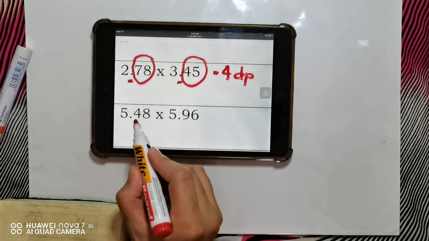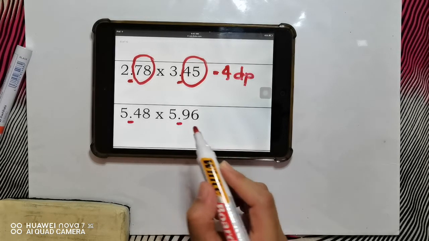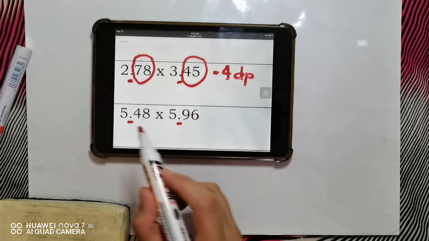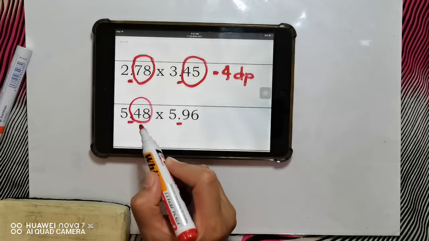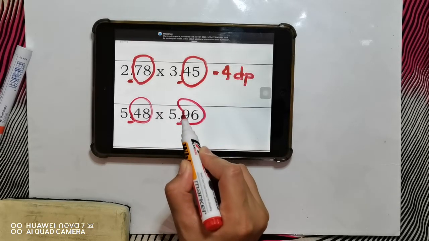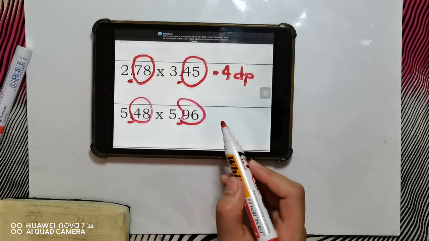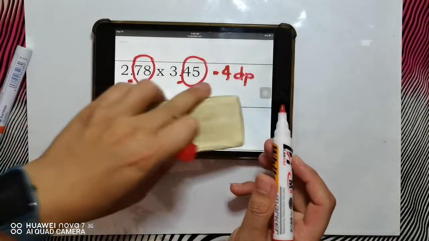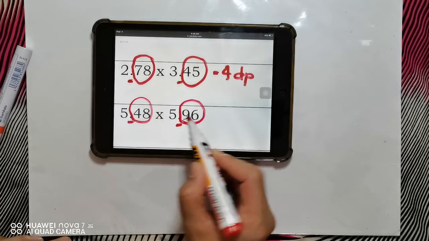Again here, decimal point, bilangin yung numbers. So we have here these numbers, and we have here these numbers. I'm sorry, napalaki yung circle ko. Okay, ulitin natin. So this is the decimal point, and then these are the decimal numbers.